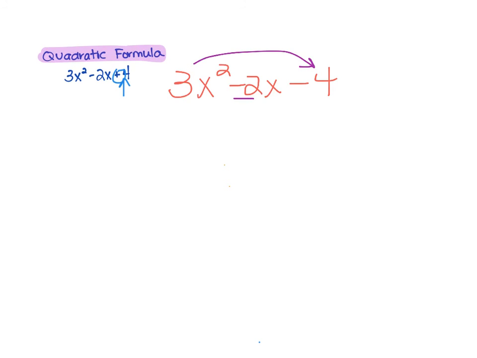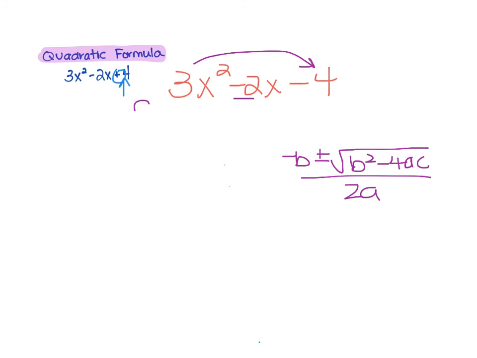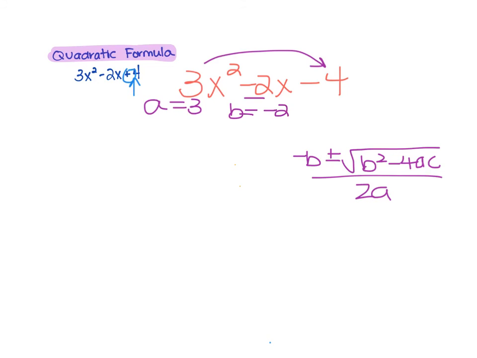So I know I'm going to use the quadratic formula, which is -b plus and minus the square root of b squared minus 4ac, over 2a. So a is 3, b is -2, and c is -4.